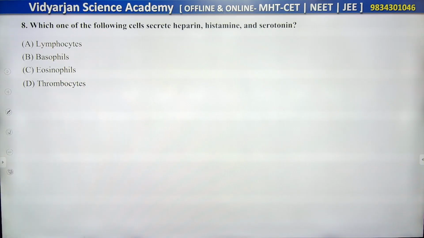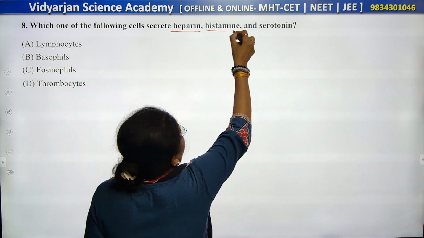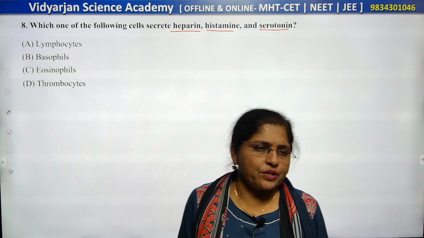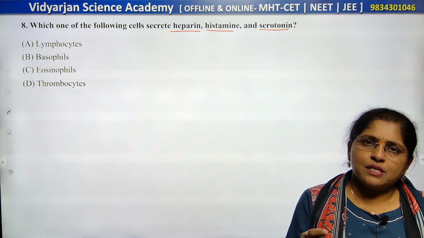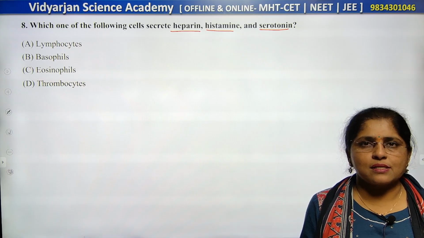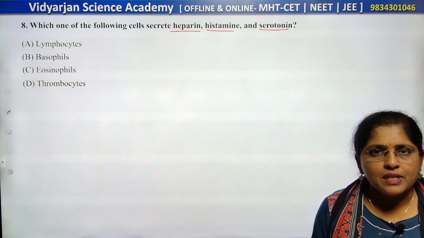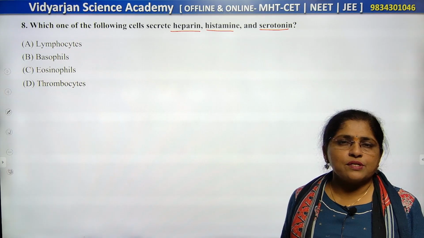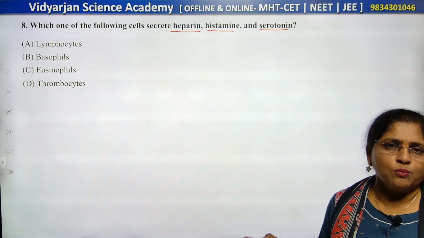Which one of the following cells secretes heparin, histamine and serotonin? You know that these are the very unique secretions of the blood cell. In our blood, RBCs are mainly for carrying the respiratory gases, oxygen and carbon dioxide. We have basophils, neutrophils, eosinophils, which are WBCs, and besides that we have platelets, like thrombocytes.